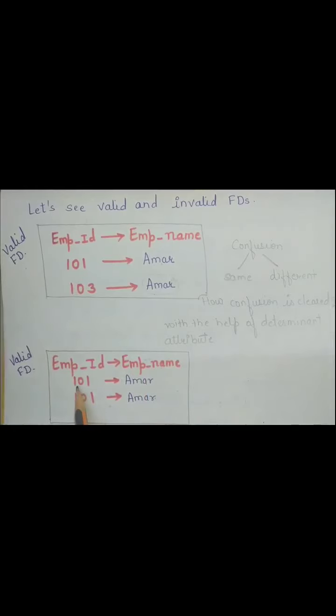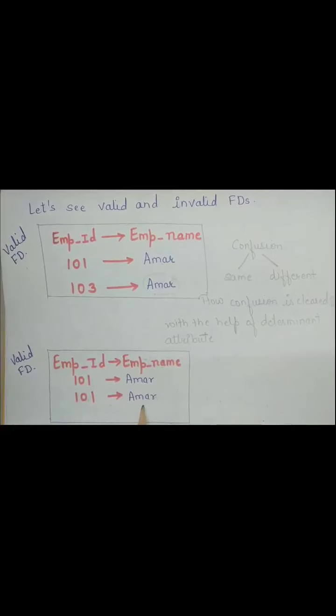You can see 101 and 101. So here you can see the employee ID is same in both the records. And again the dependent value is the same. 101 determines Amar. Again 101 determines Amar.